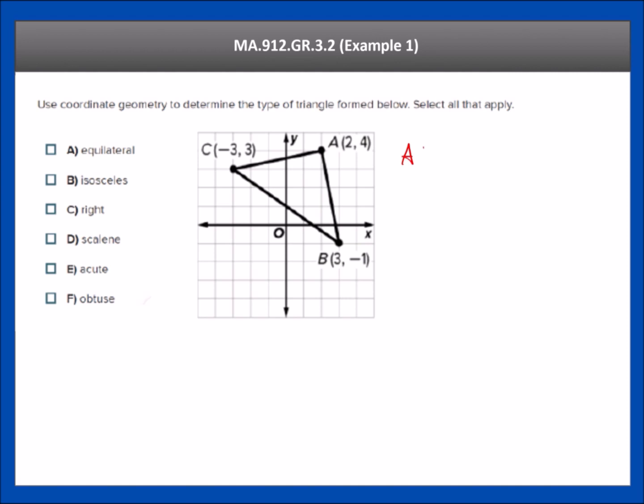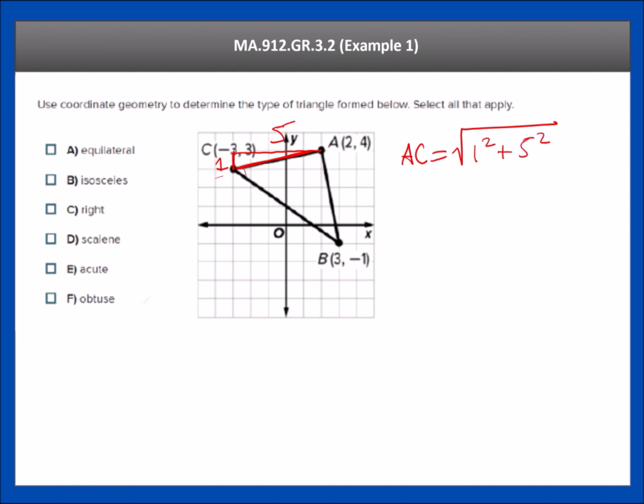Let's figure out the length of AC. To do that, you need to count up and over. It's going one over, one up, and 1, 2, 3, 4, 5 over. Now that you know these two sides, you can use the distance formula or the Pythagorean theorem, same thing. You get square root of 1 squared plus 5 squared.